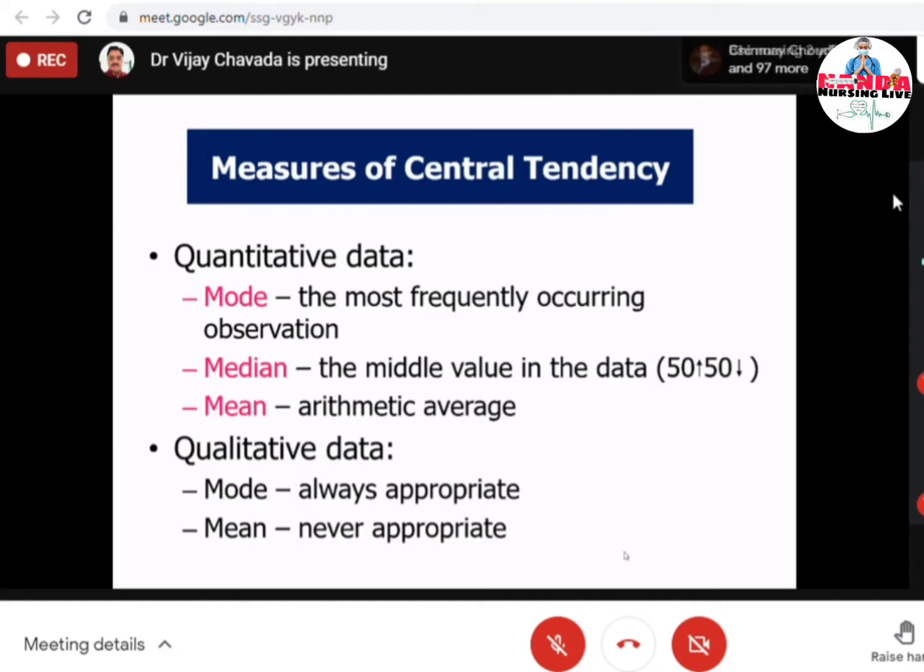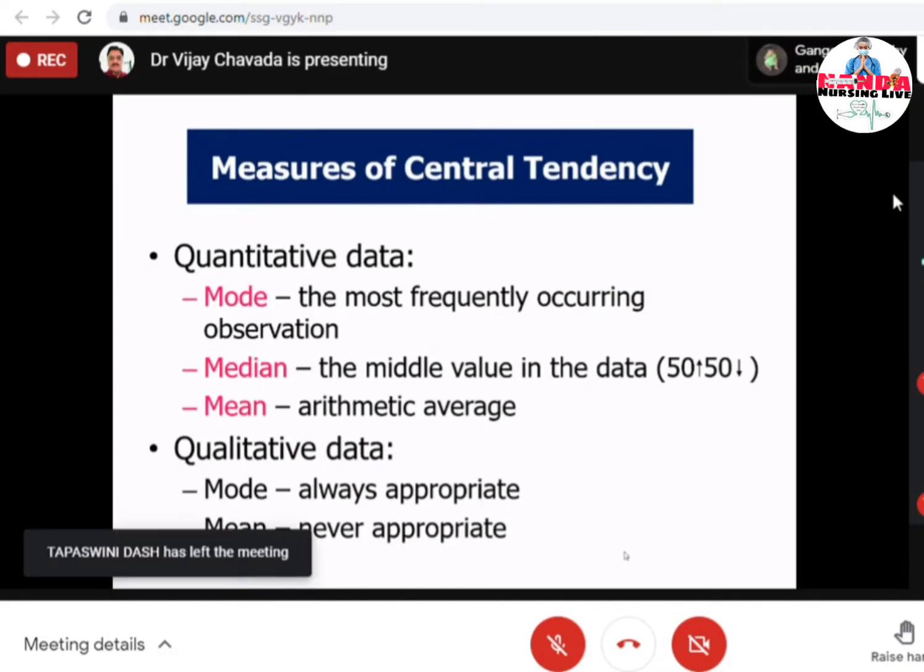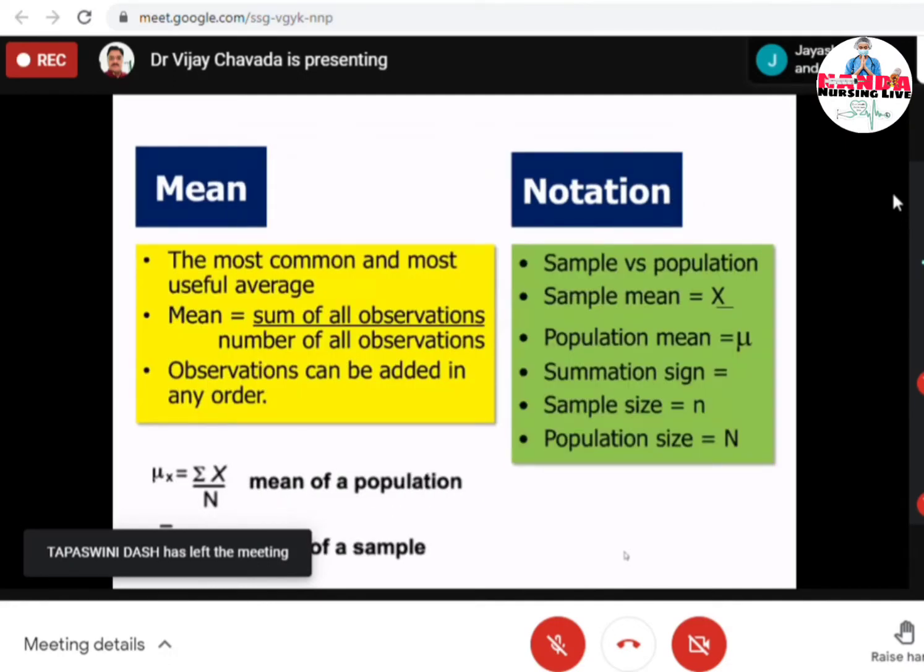For qualitative data, we usually use mode, as there is hardly any scope for the mean. Mean is the arithmetic average of the values. Median is the middle value of the data, with 50% on either side. Mode is the most frequently occurring observation in the data. It is the most common and most useful average.